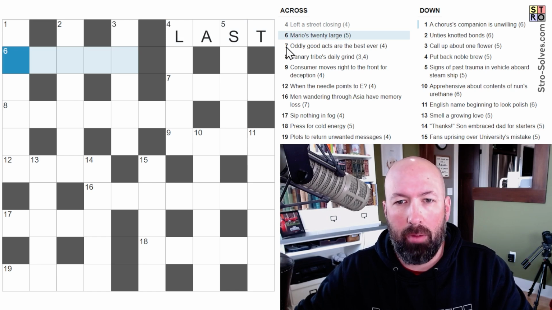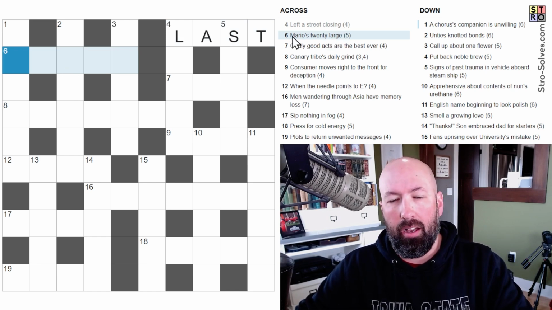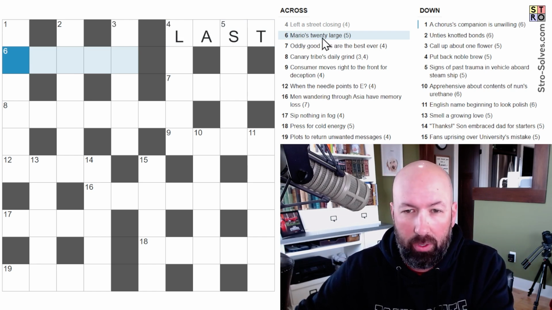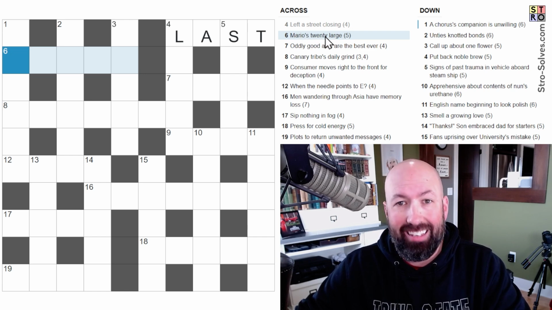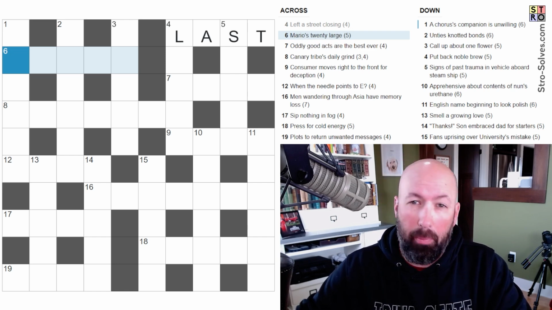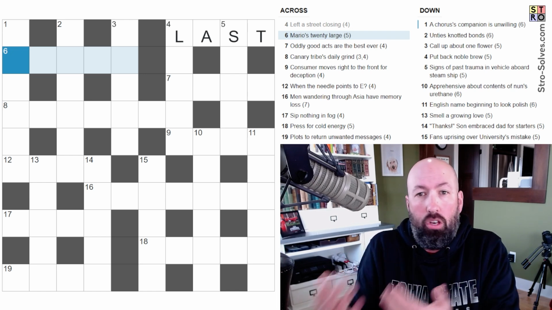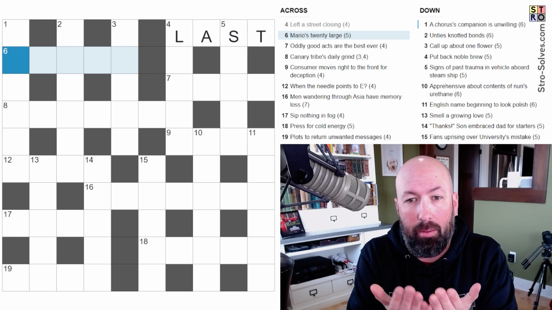Let's move to the next one. "Mario's 20 large." So in this one, the definition could be Mario or Mario's. It could be large. It could be 20 large. A lot of things. It's actually Mario's 20 and it's large. This is a double definition. So this is essentially like you have two different clues for a non-cryptic crossword and you're sticking them together.